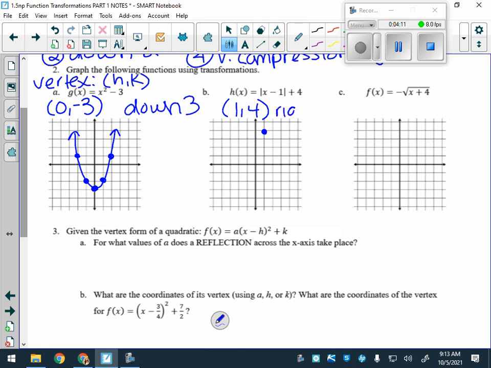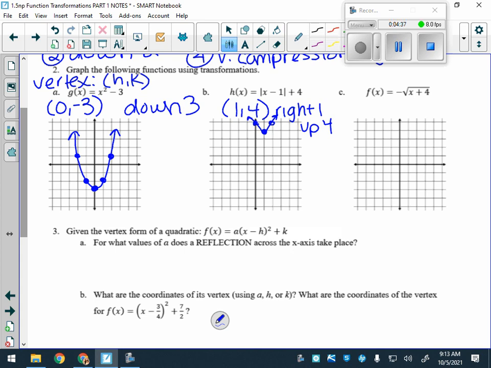Perfect. Good job. Right 1, up 4. Also, the A value is 1, and that is our slope. Okay, so it's a V shape for absolute value. V shape is absolute value. Okay. Now C, okay, so our vertex is HK for both quadratic and absolute value.